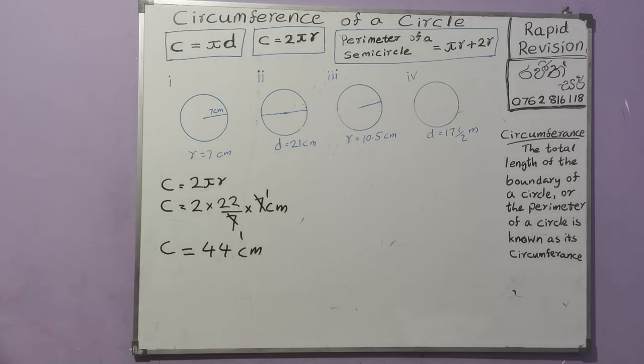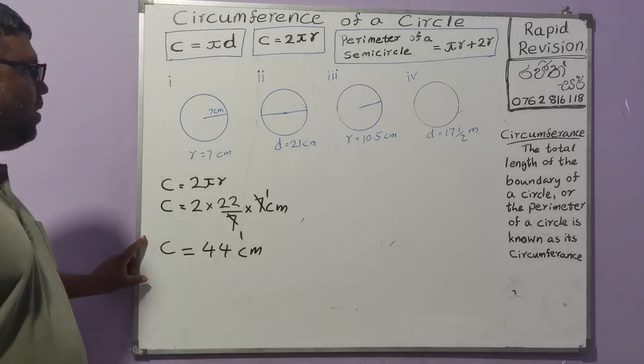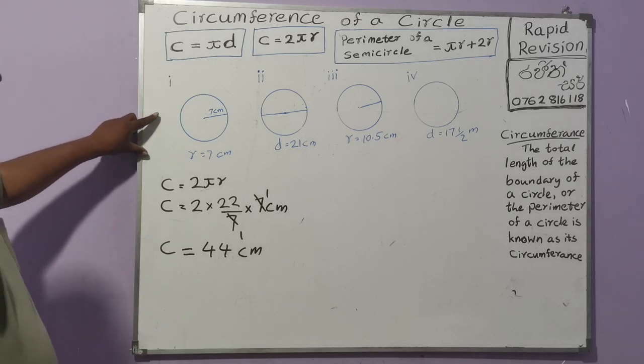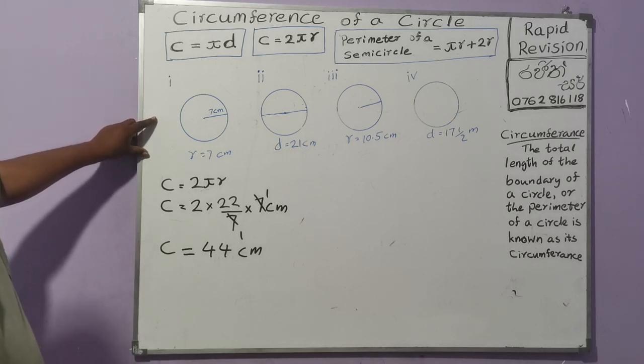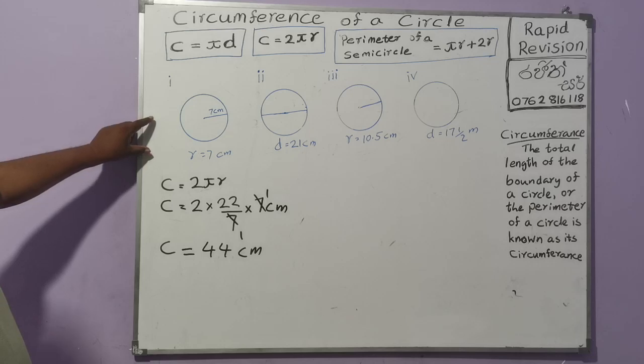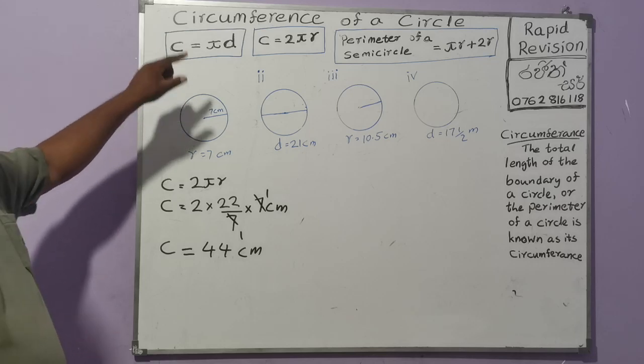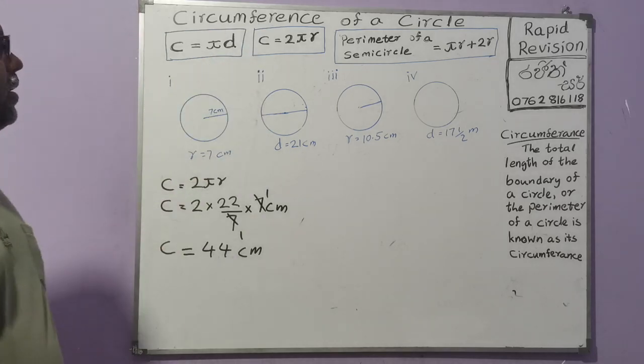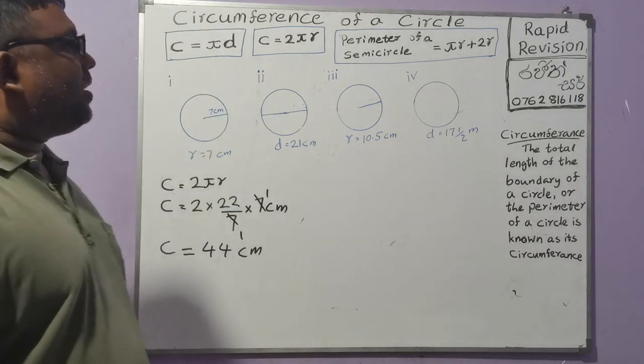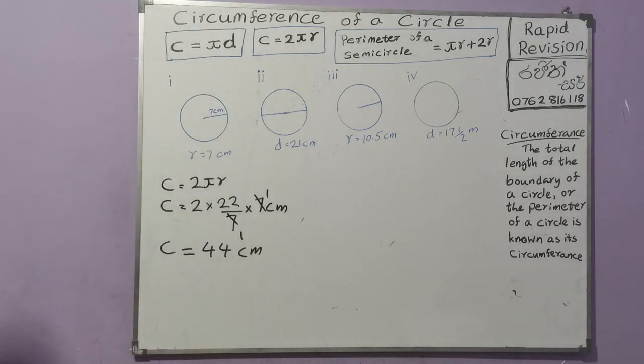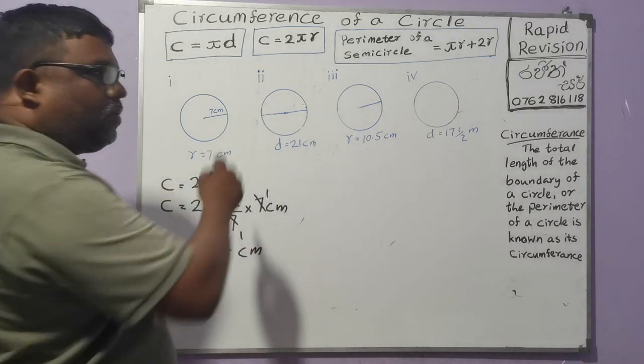This is the way you have to follow, and the major thing in these questions is to select what formula you have to use. That is the second formula, C equals 2 pi r, because you have been given the radius.